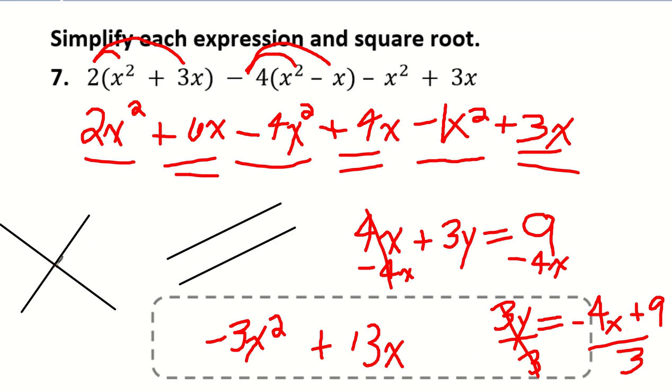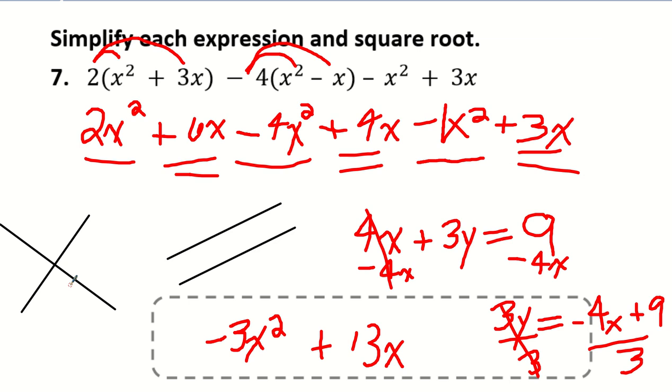Now perpendicular, these lines would compare to each other in this way. The slopes would be, first of all, opposite signs, so one's positive, one's negative, and they would also be reciprocals of each other, or as I say, reflipricals.